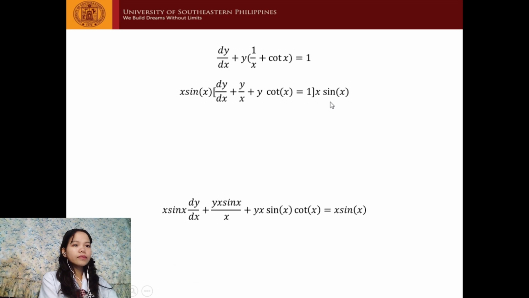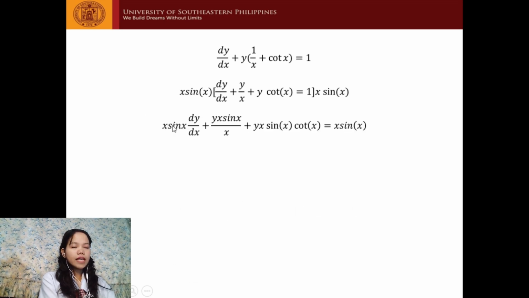Right here. So what we have right now is x sine x multiplied to dy over dx plus y x sine x all over x plus y times x times sine of x times cotangent of x equals to x sine of x. What we have right now is to simplify.